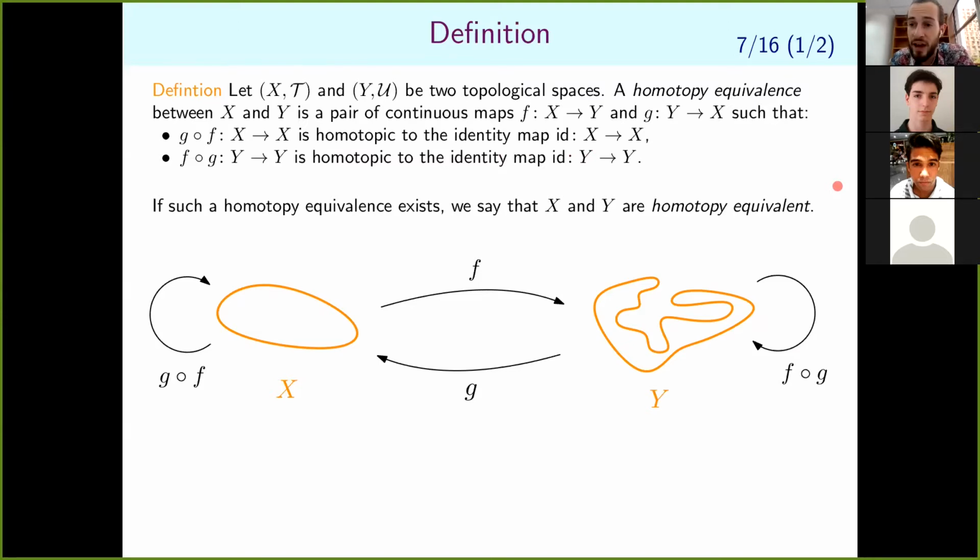And if I have such a homotopy equivalence between the spaces X and Y, then I will say that X and Y are homotopy equivalent. So all this definition is drawn here. You want this composition to be homotopic to the identity, and this other composition to be homotopic to the identity.